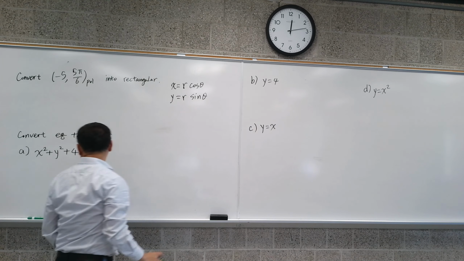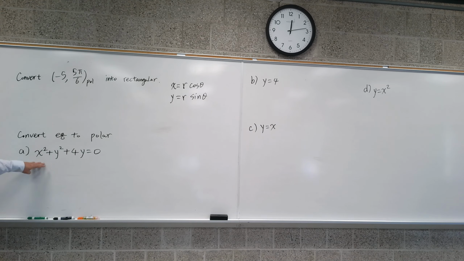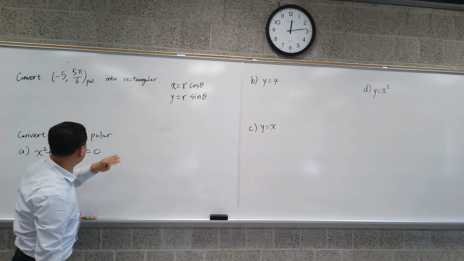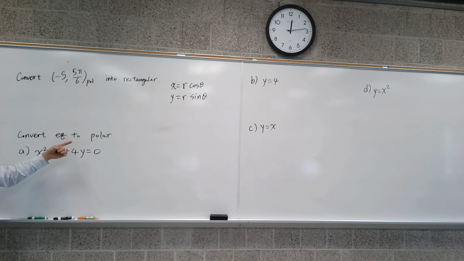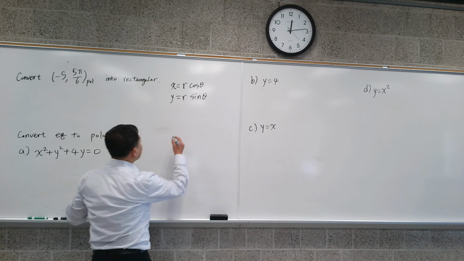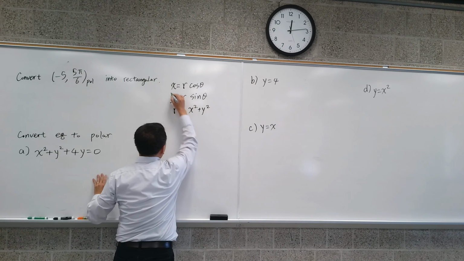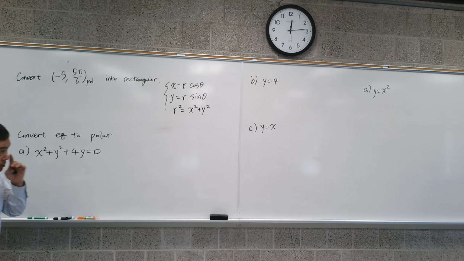Now, when it comes to changing equations to polar, which seems to be doing the opposite direction, when you're going from points, this is the formula you use, and also for equations, to convert into polar, it's the same equation. Occasionally, you might need r squared equal to x squared plus y squared. So let's see how these three formulas are being used for these questions.